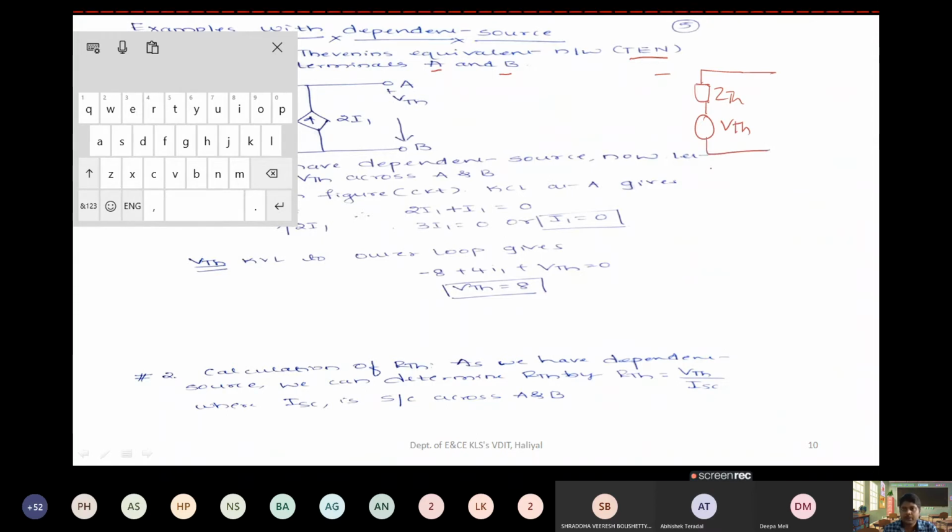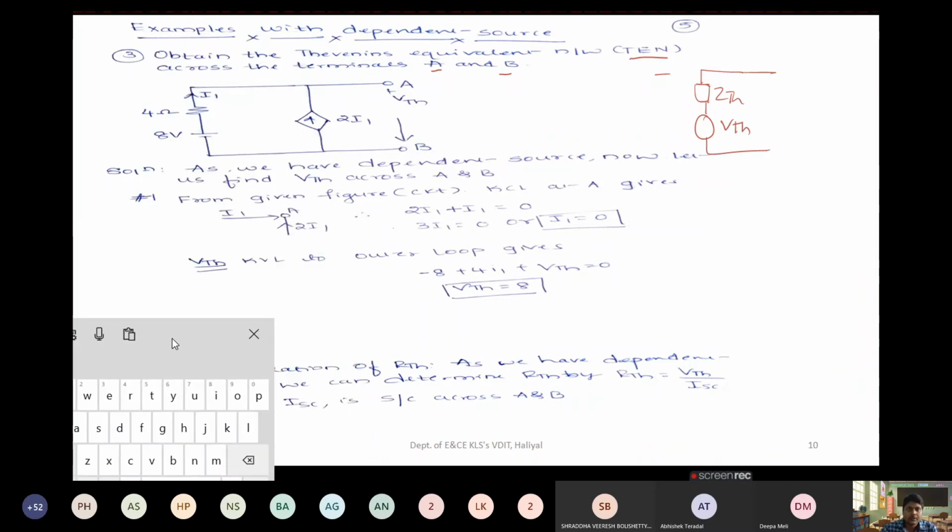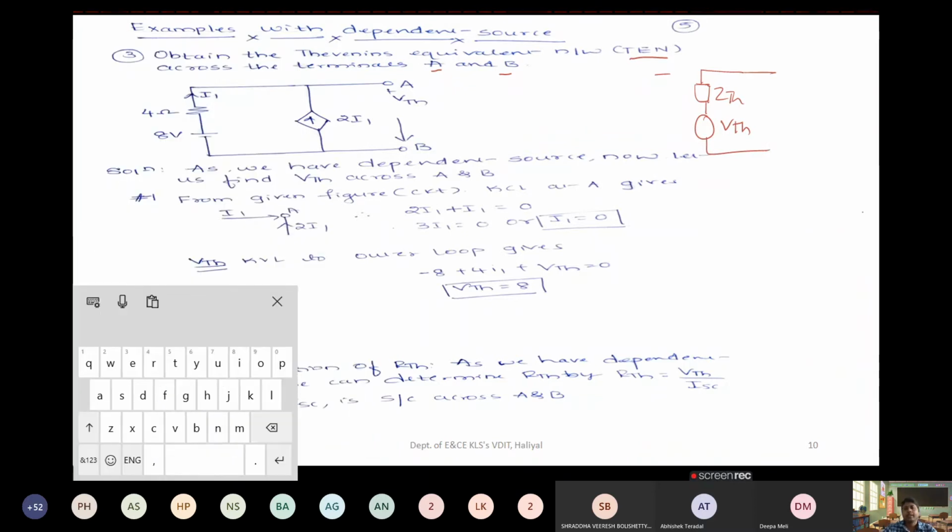So this is called Thevenin's equivalent network. We have to arrive at this state. So how to do that? First, the approach will be the same. You have to find VTH. So in order to find VTH, what can you do?